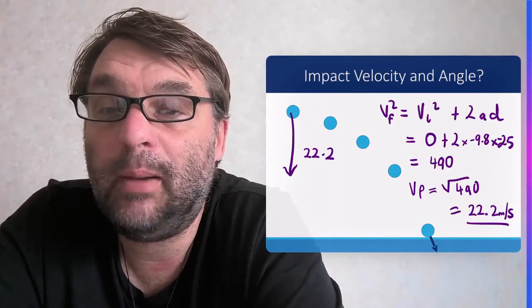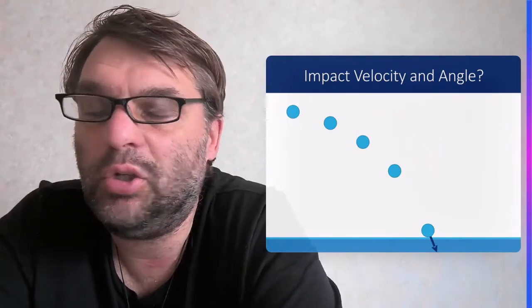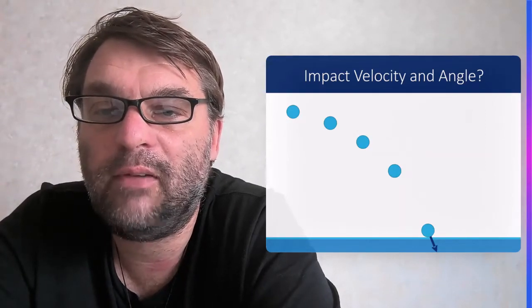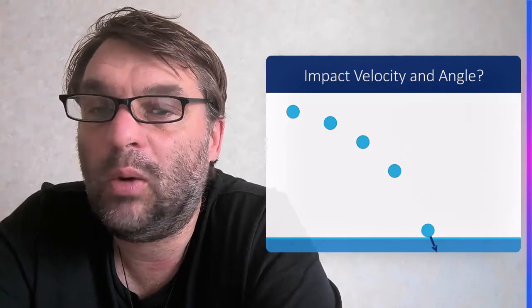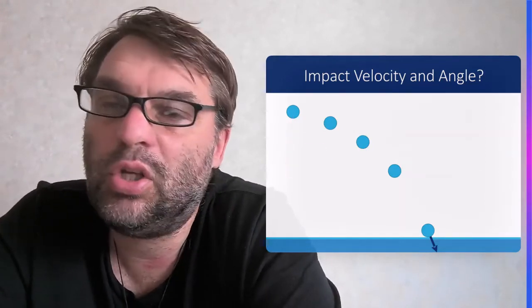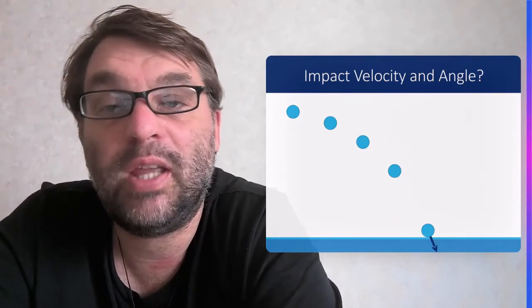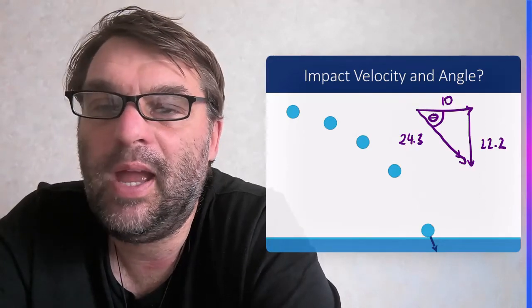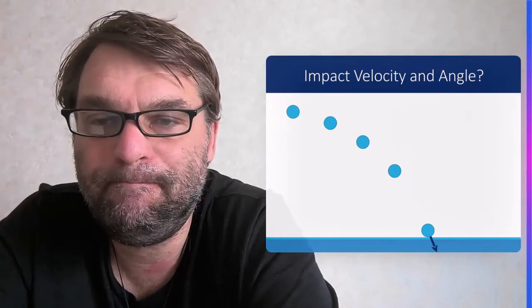You can use the wonders of the kinematic equations to determine that the ball is going to have a final velocity, at least in the y direction, of 22.2 meters per second. So to work out the final velocity when you're considering both the x and y component, you use the vector, use a bit of trigonometry, and find there's 24.3 meters per second.